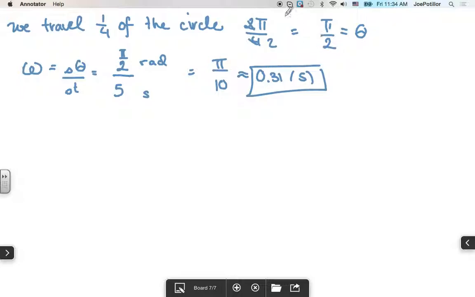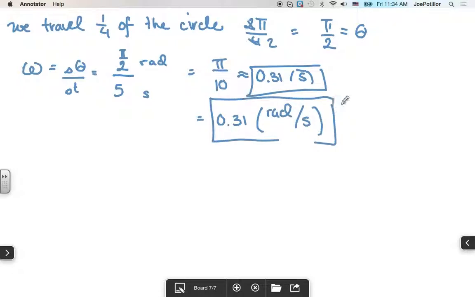0.31 radians per second, sorry. I didn't put the radians on top. Okay. So that's how we do it. We take the angle and we divide it by the total time that it occurs in.